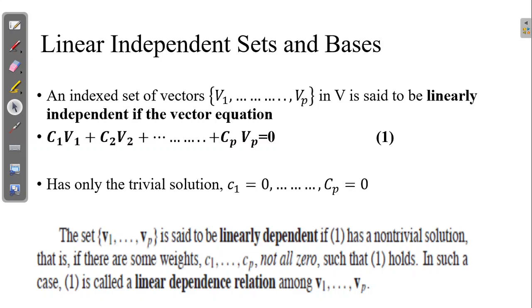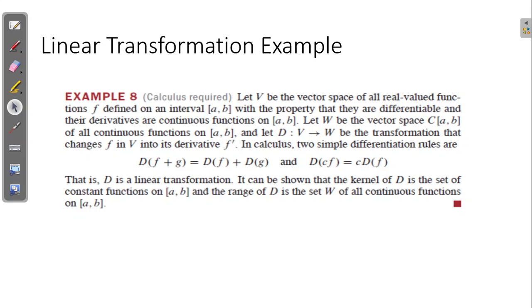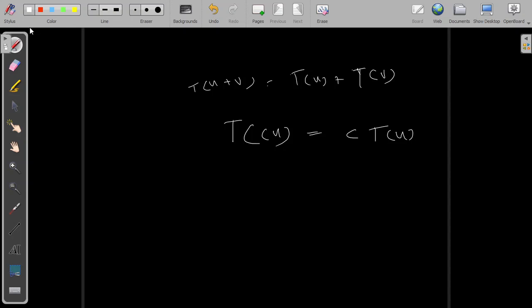Now we are going to the first example of linear transformation. Let V be the vector space of all real valued functions f defined on interval AB. Suppose this is my interval AB, for example, let it be 1, 2.